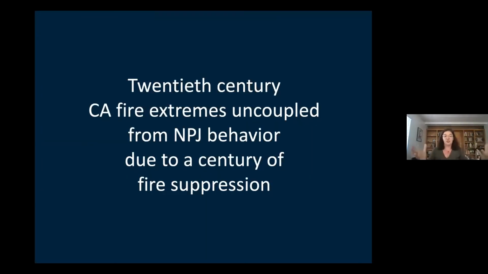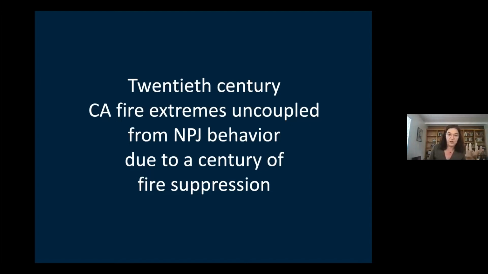But basically the conclusion of that research is that, as I mentioned, in the past, wildfire was influenced by how dry California was, and how dry California is related to the position of the jet stream over the North Pacific. What we see is that over the late 20th century, that relationship disintegrates. So nowadays, it doesn't really matter where your jet stream is, whether it's positioned right over California or somewhere else, there's always big fire danger.